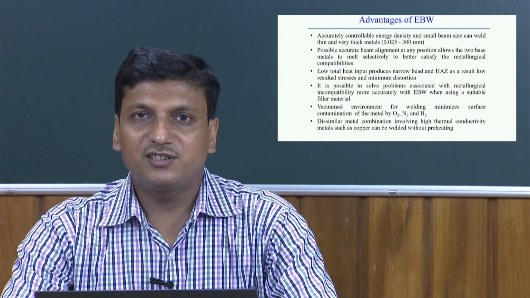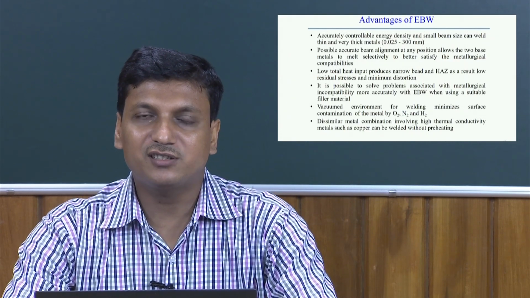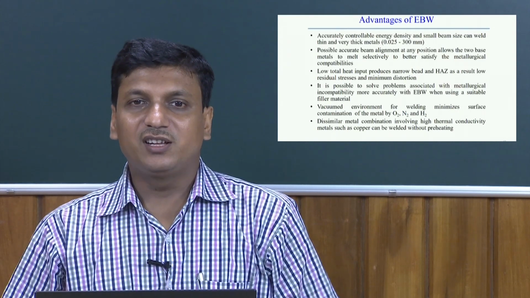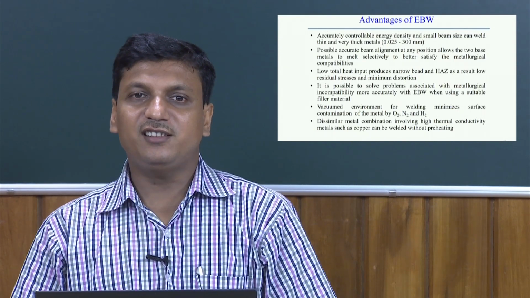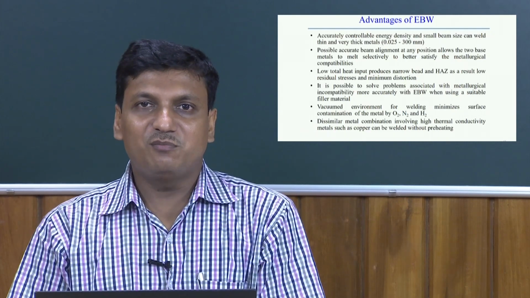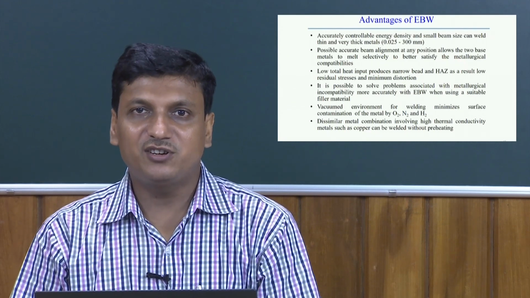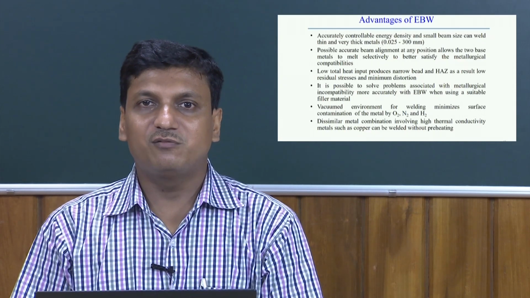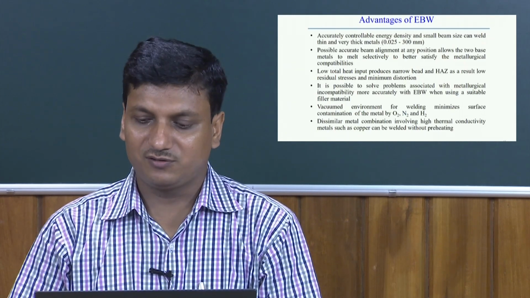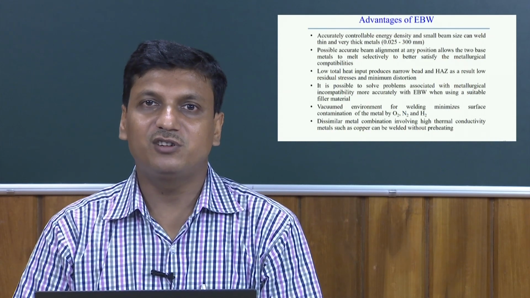But in electron beam welding, the welding can be done easily without any preheating source. So, in general, the advantage of electron beam welding is that dissimilar combinations, highly reflective material and highly conductive material, can be joined more easily, which may not be possible at all in other types of welding processes.